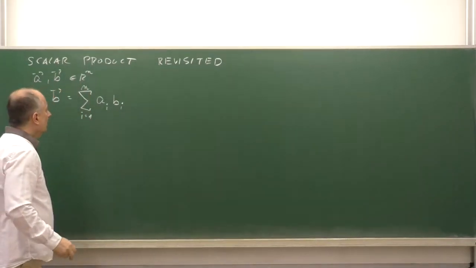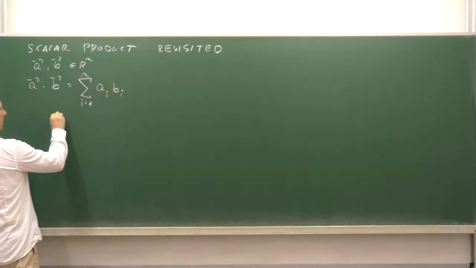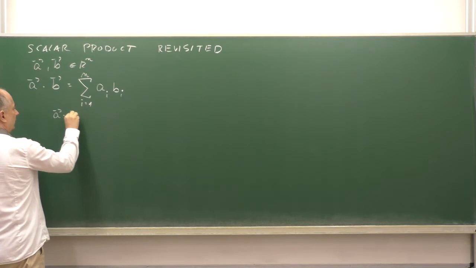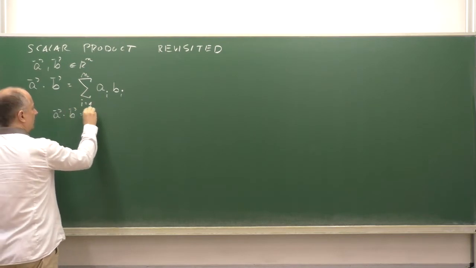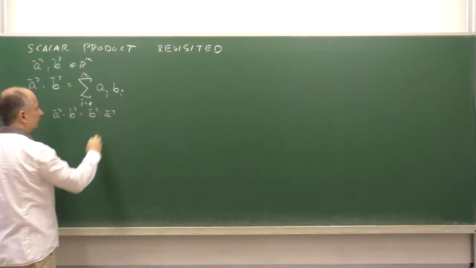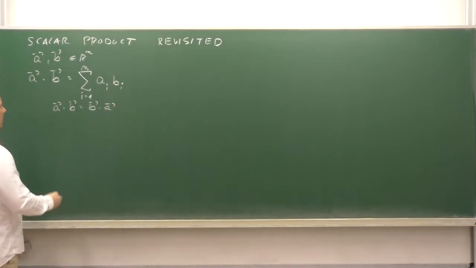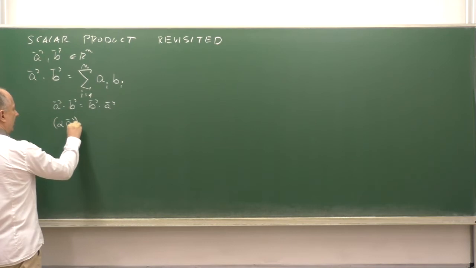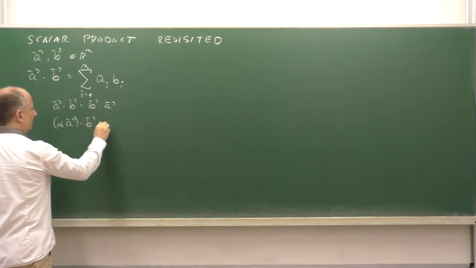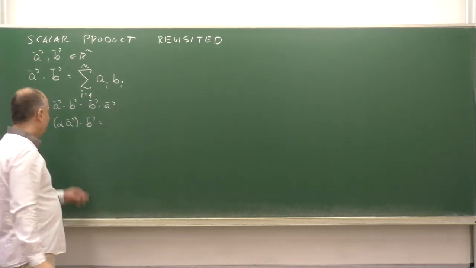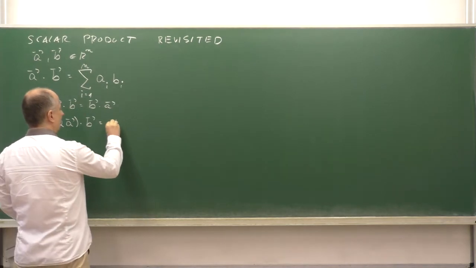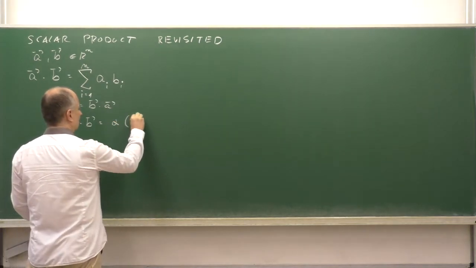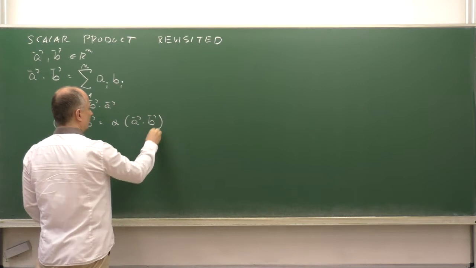It has some obvious properties. First, this is commutative. A·B is equal to B·A. If you take some number alpha and multiply the vector A and then compute the scalar product with vector B, then it is the same as if you compute the dot product.